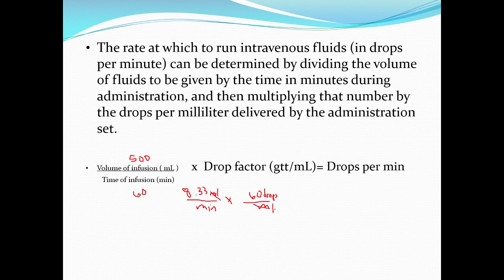Okay, so now look at this. We can cross those off because they're opposite. And this is going to give us, if we do 8.33 times 60, 500 drops per minute.